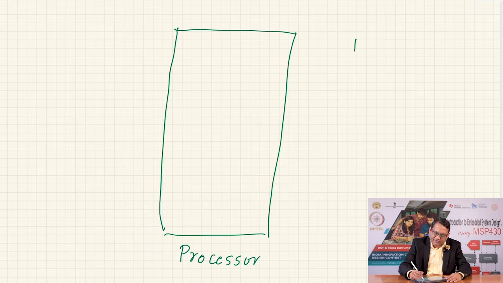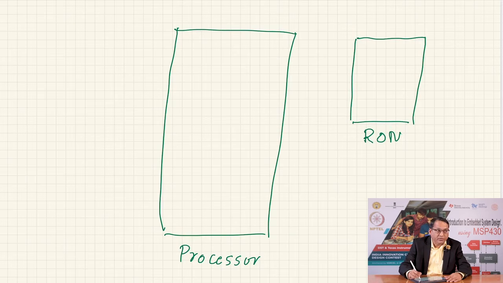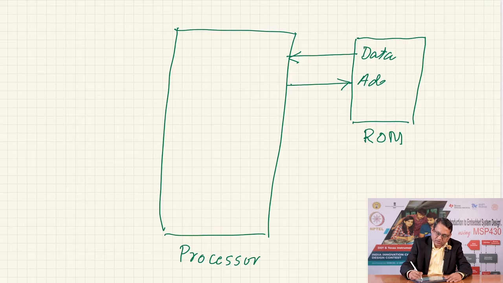Now, you can have a type of memory device which stores the program, we call them ROM, and for that it would have a data bus. In this case, the direction can only be this. Address lines, so this is data, this is address, and this is control signals.